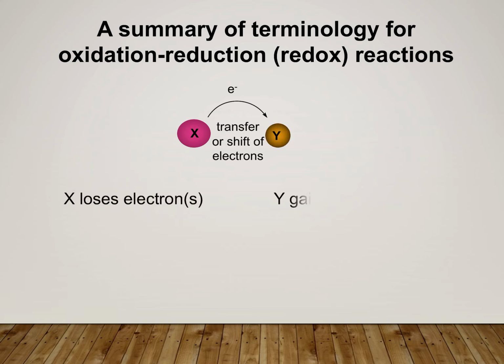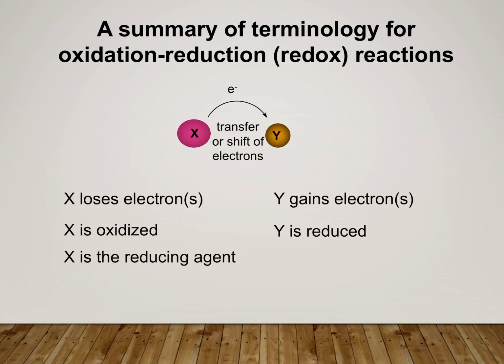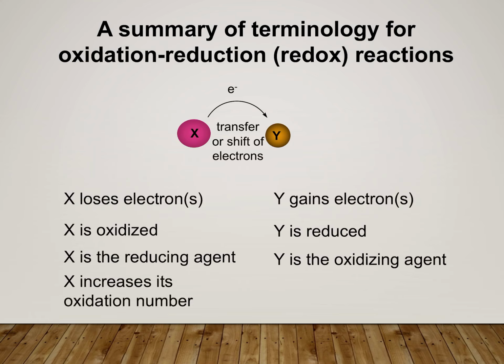X is giving electrons to Y, and so Y is gaining them. This means that X is being oxidized because it's losing electrons, Y is being reduced because it's gaining electrons. If X is oxidized, that makes it the reducing agent because it caused Y to be reduced. Therefore, Y is the oxidizing agent because it caused X to be oxidized.